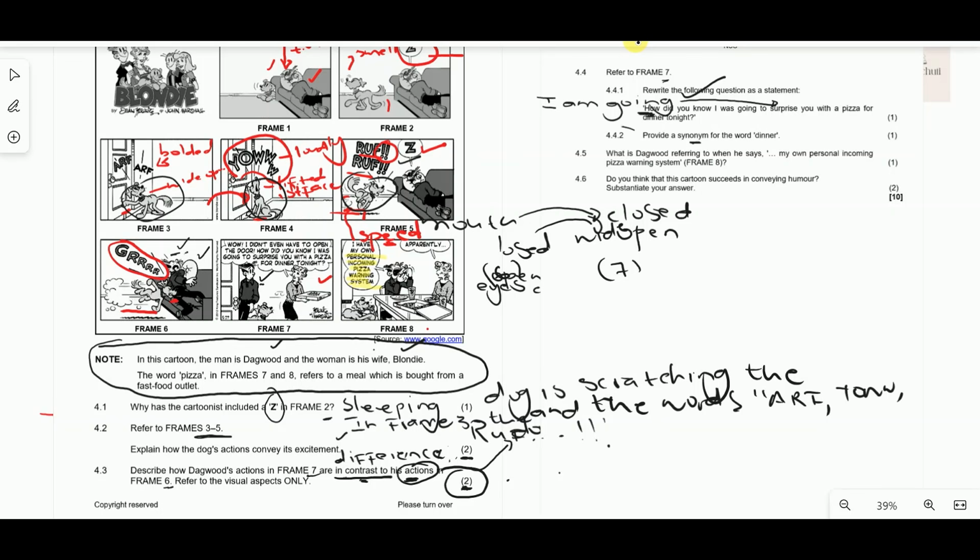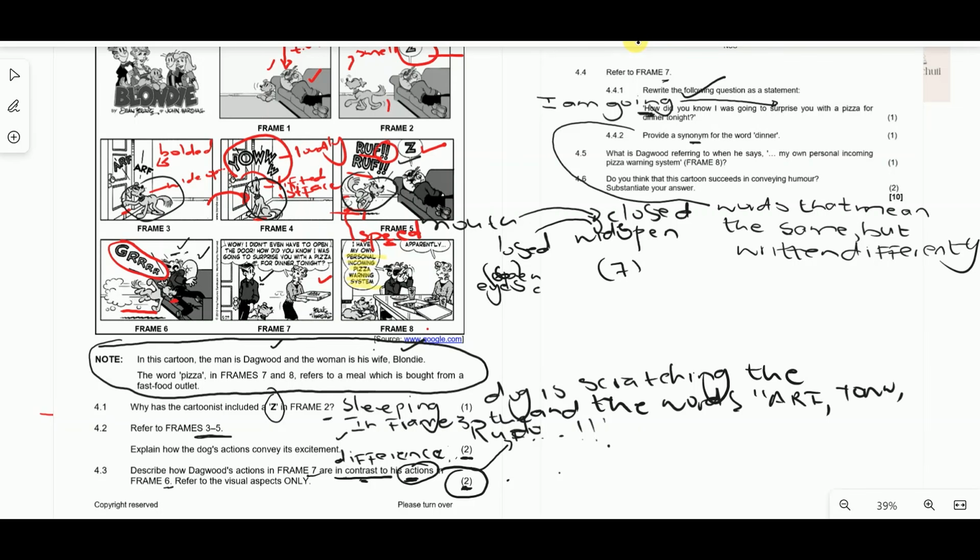What do you mean by synonym? Let us come here. Words that mean the same, comma, but written how? Differently.